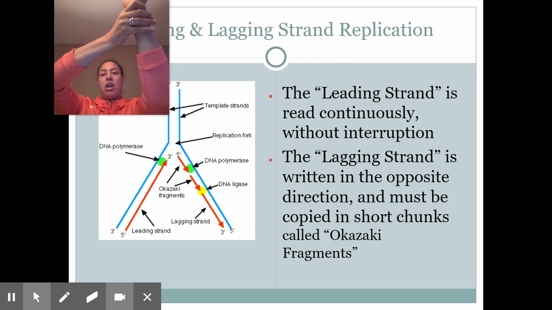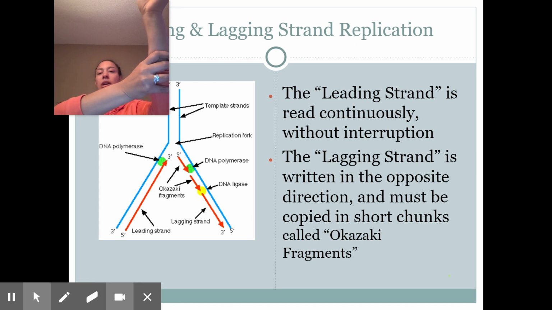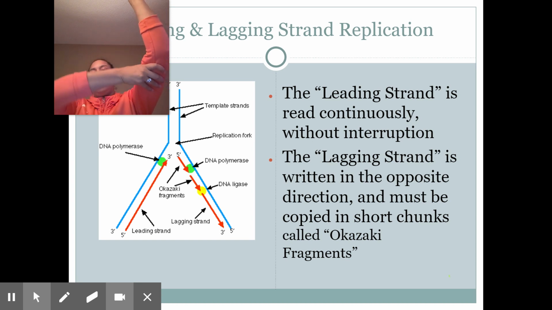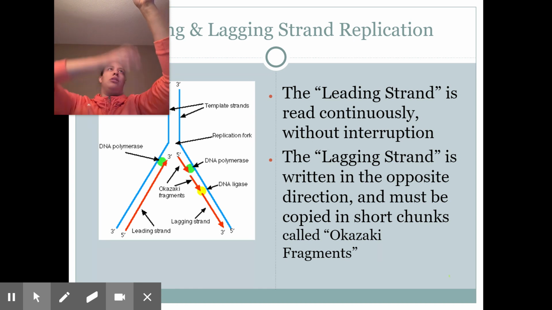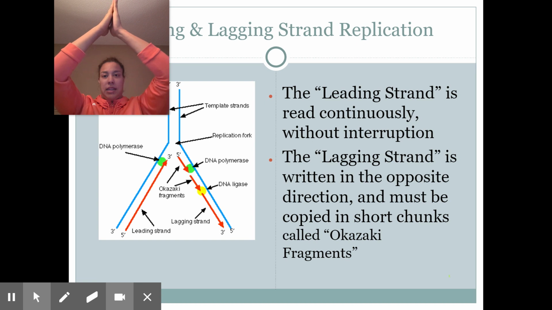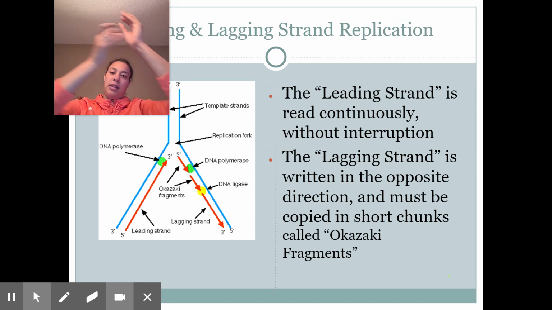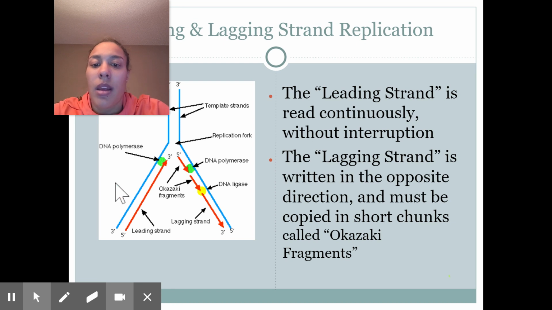Polymerase will attach, create new bases in those little chunks until it encounters a new primer, reattach, create new bases, reattach, create new bases, and then it'll go back, and our DNA is going to continue to unwind and unzip. So then there's a new primer up here, and it's going to add new bases and create it in little chunks. This avoids mutations and improper complementary base pairing.